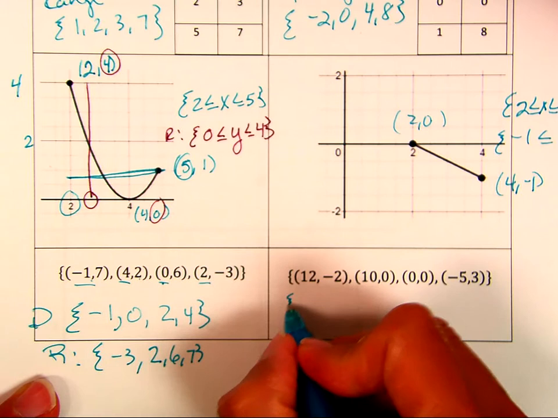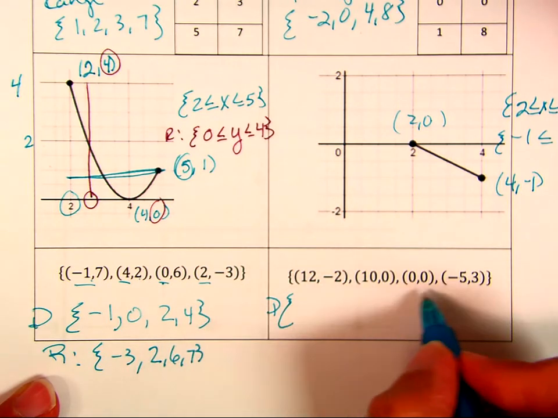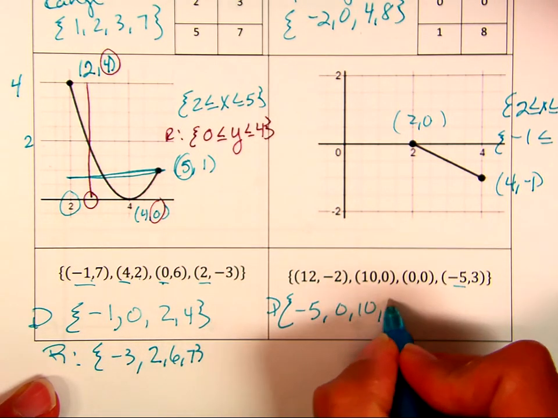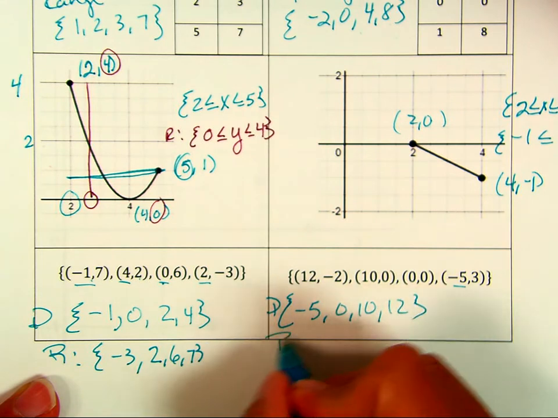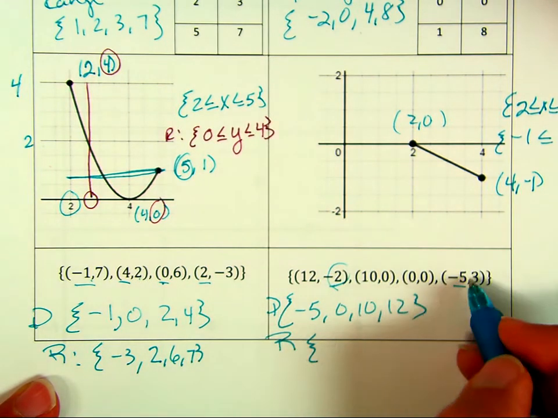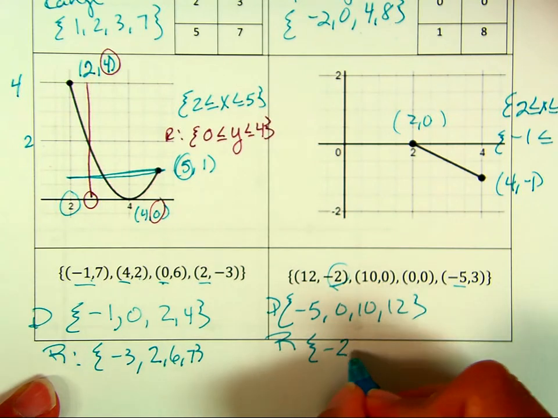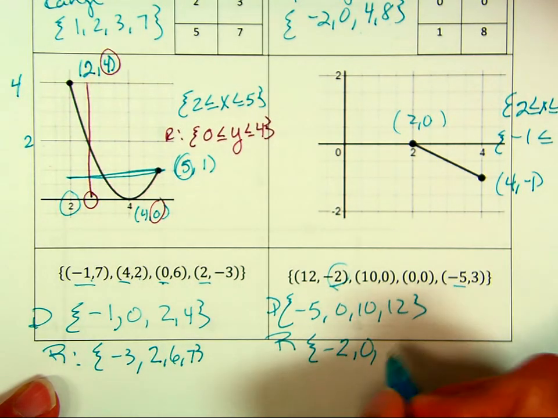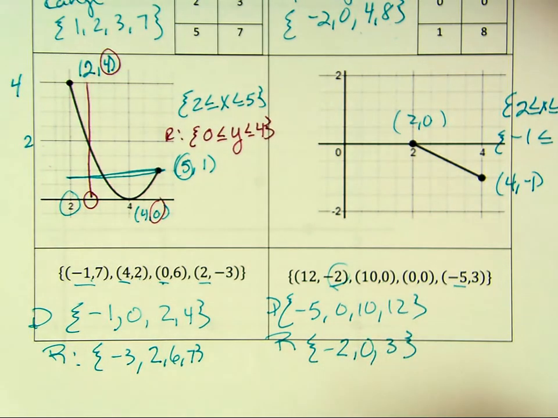Alrighty, domain. So looks like -5 is the smallest, and then 0, 10, and 12. And then my range, -2. There's 2 zeros. I don't need to write both zeros. 1 is enough. And then the y here is 3. So it's okay to ignore one of them if you have multiple.